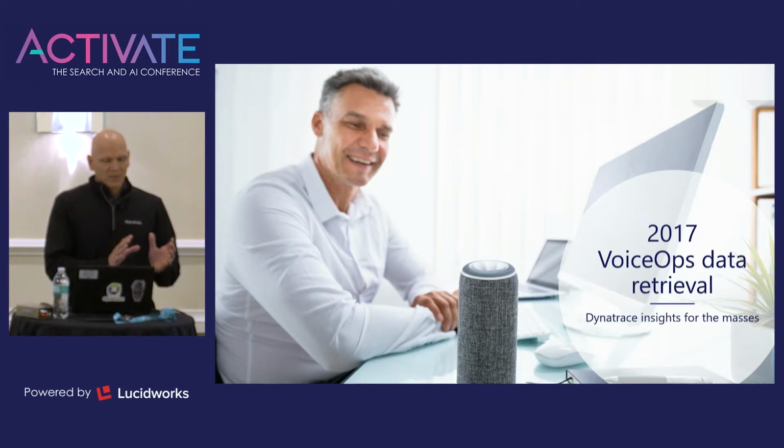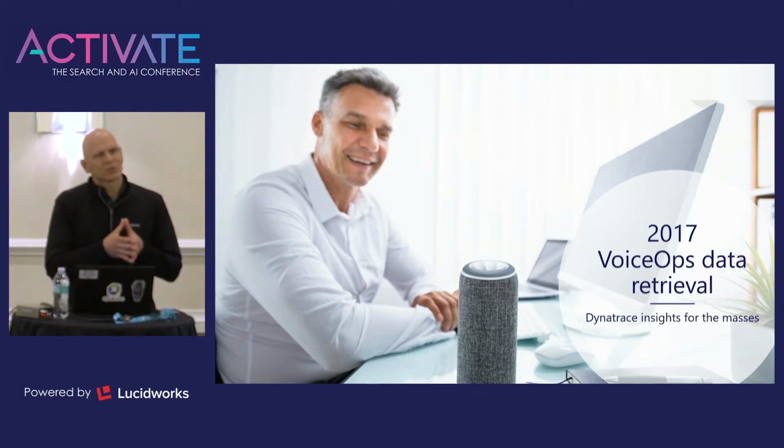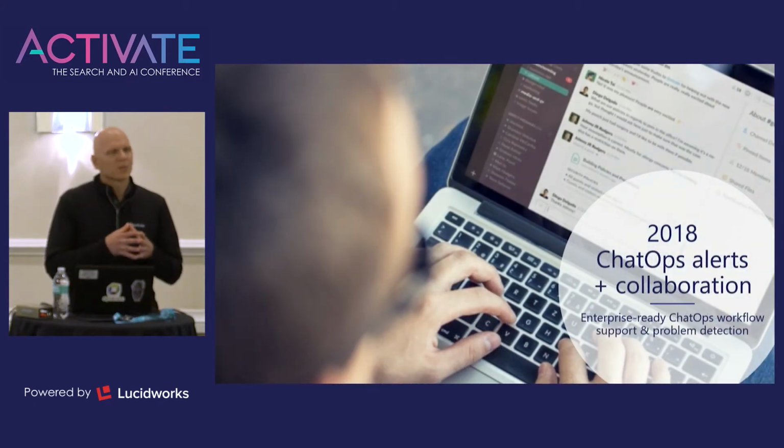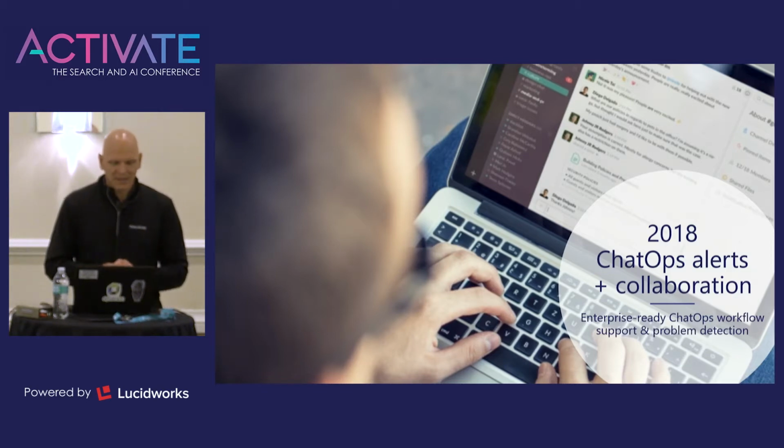A little bit about the journey. We talked about focusing on voice devices. This was really around how we can bring more data to non-engineering groups. That was 2017. Then we started to notice that customers were really looking for a more integrated solution in their work tools, and that's where Slack became the primary interface that we see users use today. 20% of people use Alexa and Google Assistant voice devices, and 75% primarily use Slack.